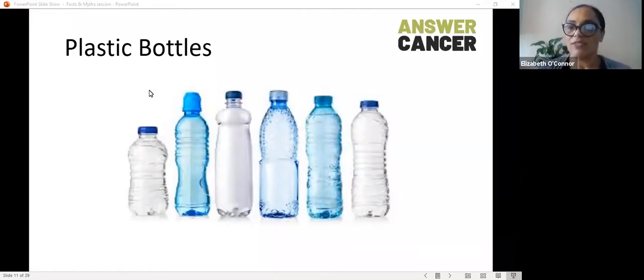Even though some studies have found that certain chemicals in plastics can end up in things that we may eat or drink, the levels that end up in there are so low, and they're within a range that's considered safe to humans. Even when they've done experiments where plastics are exposed to extreme temperatures for hours on end, the studies have found that the levels are still safe for humans.